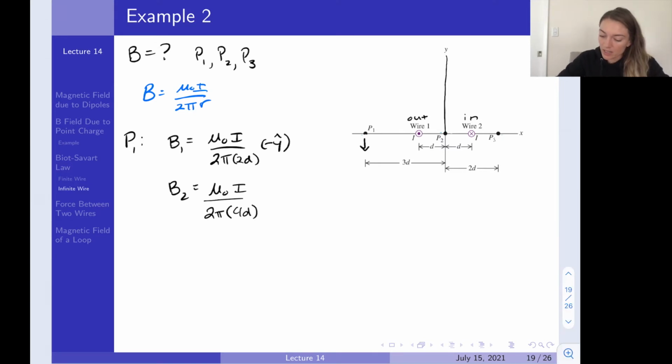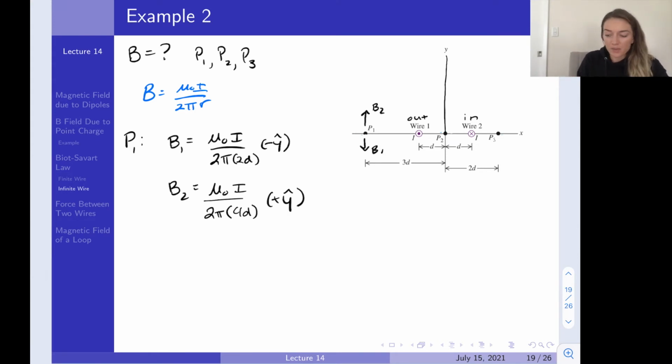And now what direction is the magnetic field pointing in from wire 2? Well, wire 2 is into the page. So we have to point our thumb into the page, and then curl our hand almost a whole 360. By the time we get back to P1, our hand is pointing upward. Since we're moving in the clockwise direction, when we get to P1, the magnetic field from the second wire is upward, in the positive y direction.